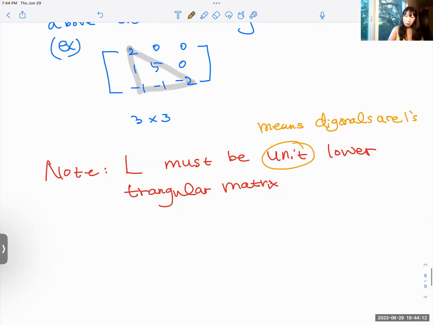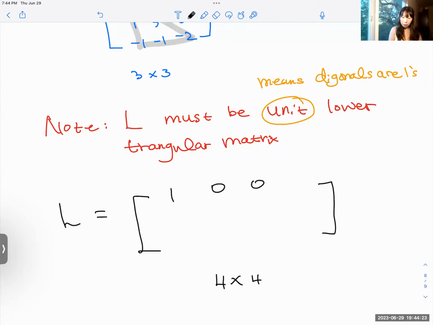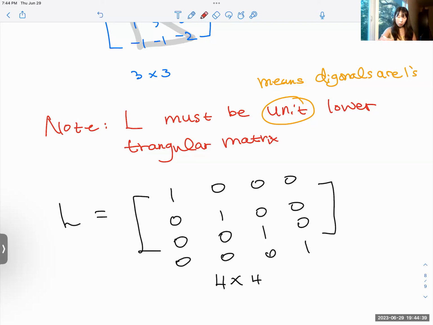For instance, let me make a 4 by 4 L: 1, 0, 0, 0, then 0, 1, 0, 0, then 0, 0, 1, 0, then 0, 0, 0, 1, diagonally.